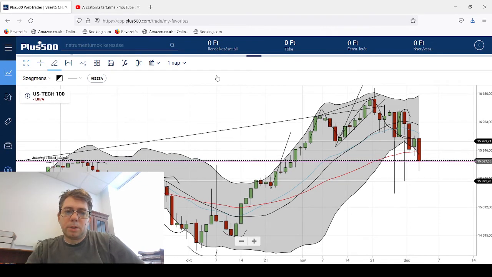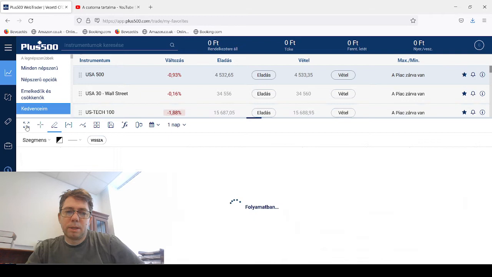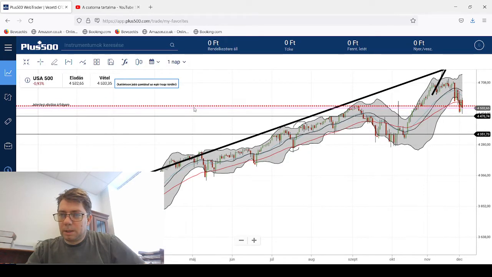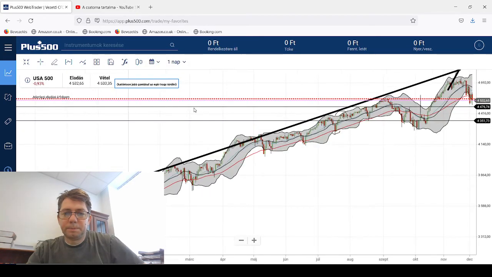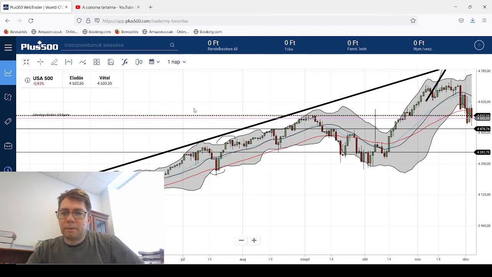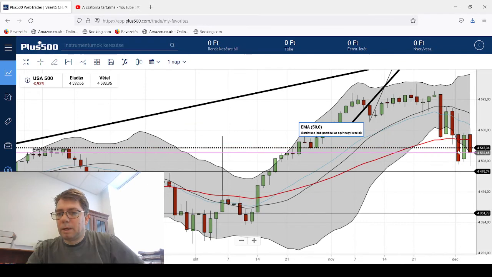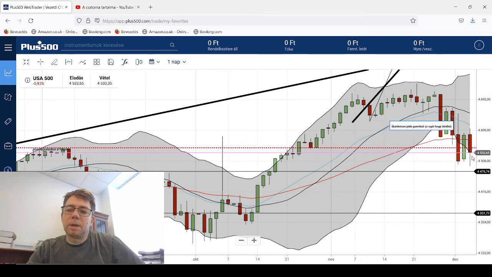Let's go over to the S&P 500. That's the daily chart on the S&P 500, and here I have this line, previous all-time high, and we are trying to break down below it. In fact, we closed below it, but we are also trying to get back above it.